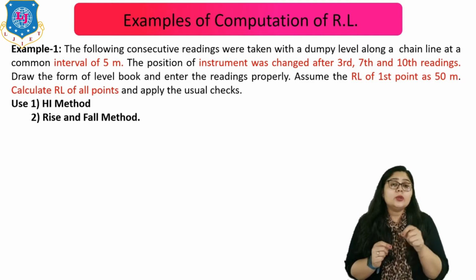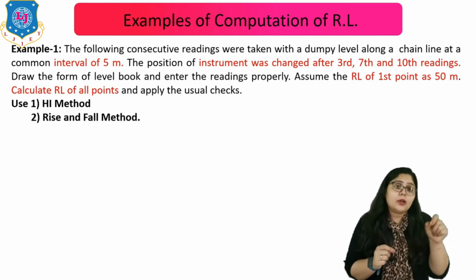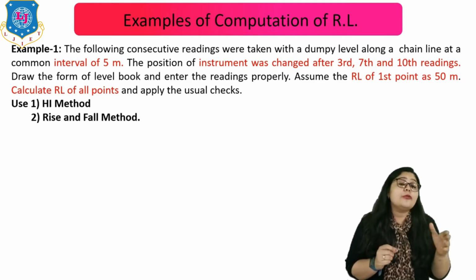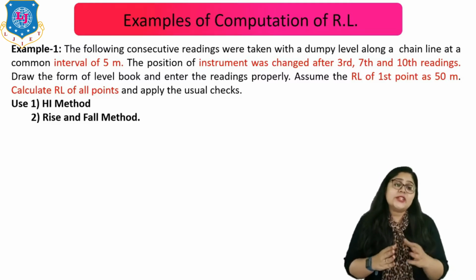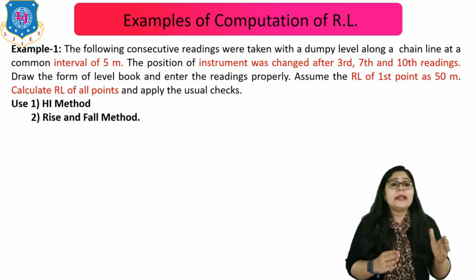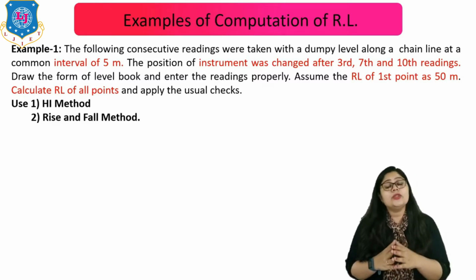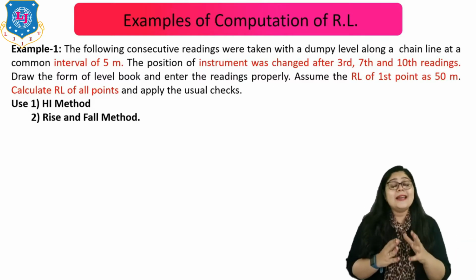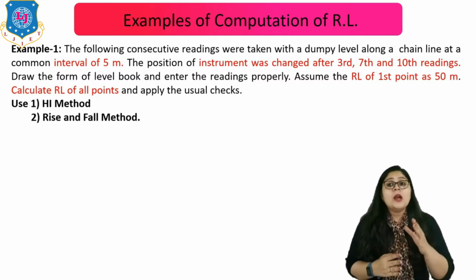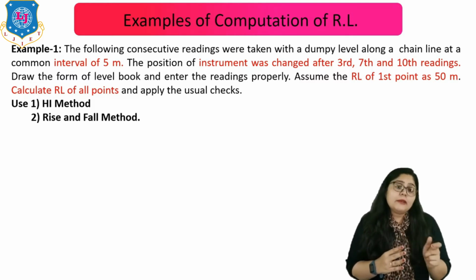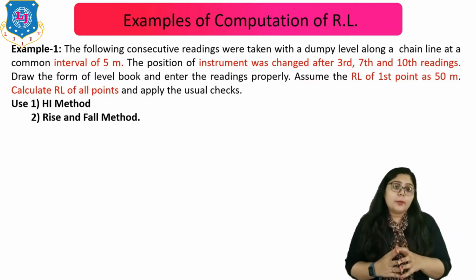It means we are going to set our staff or our station at an interval of 5 meters, right? The position of instrument was changed after 3rd, 7th and 10th readings. It means we are going to change the position of instrument as it is required on field, right, to cover all the points. Draw the form of level book and enter the readings properly.